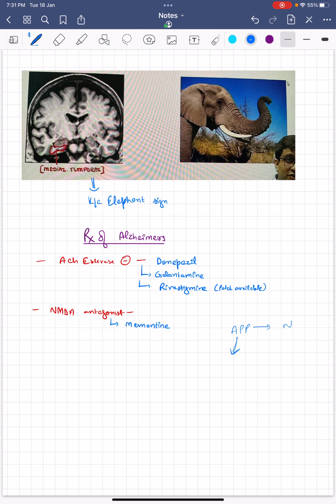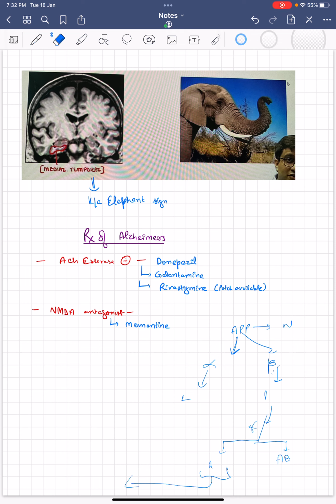It is acted upon by alpha secretase or beta secretase, producing an alpha secretase product and a beta secretase product, which is further acted upon by gamma secretase, leading to production of A beta 42 or A beta 40 protein. This is amyloidogenic, thus toxic. So this was the pathogenesis.